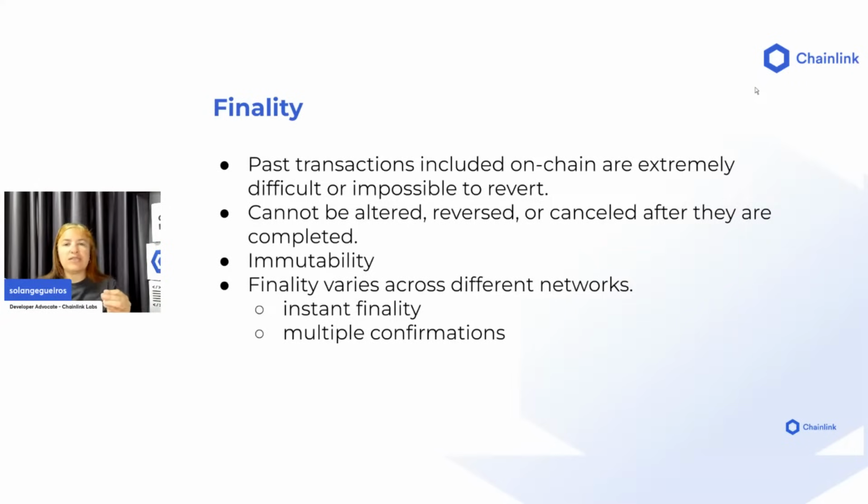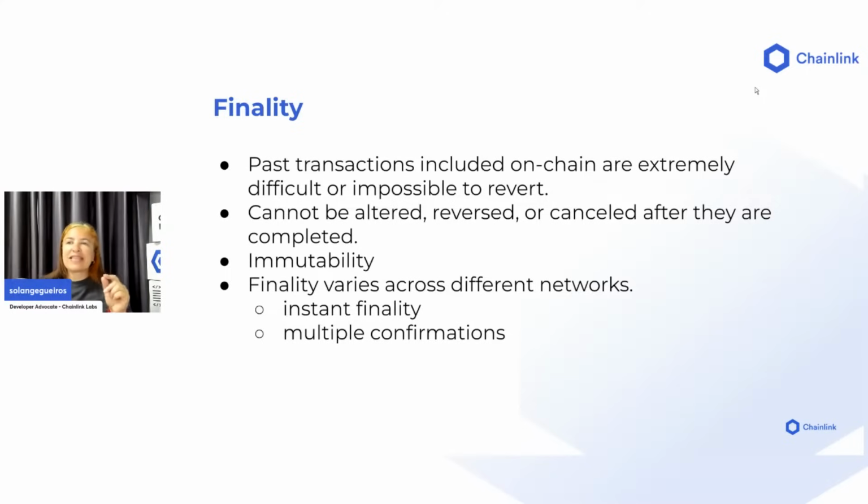So this is totally different, depending on the chain. And at the point that we have finality, your transaction cannot be altered, reversed, or cancelled, and you are sure that your transaction will be forever in the blockchain. So this is the immutability part of the blockchain.